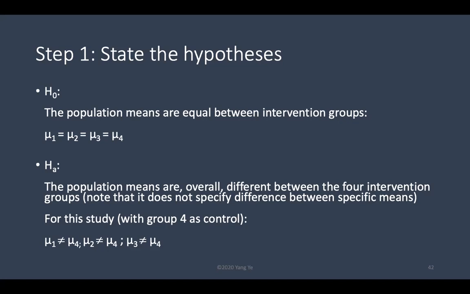So for this study, since the fourth group is a control group, we can make a more specific alternative hypothesis saying that each of the first three groups is different from the fourth group. But sometimes you're interested in which intervention is more effective. Then you can also compare group 1 to group 2 as well.